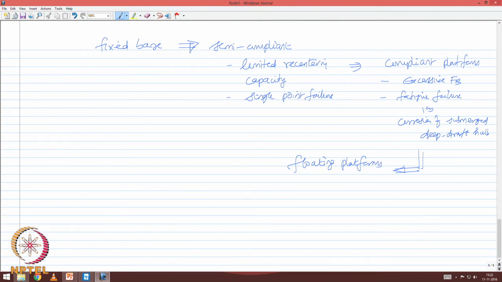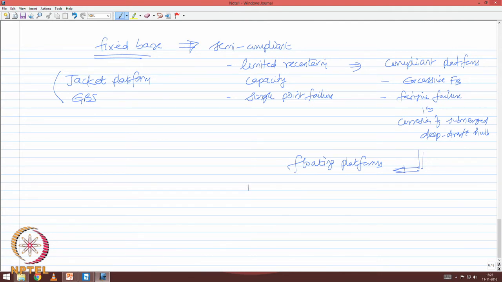So, friends, one can see a very clear novelty in the structural form of offshore structures, starting from the fixed type, which has TLP, jacket platform, gravity based structure, to that of completely floating platforms.